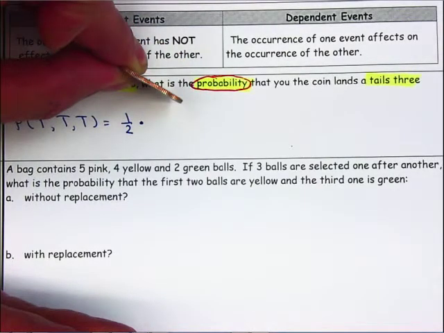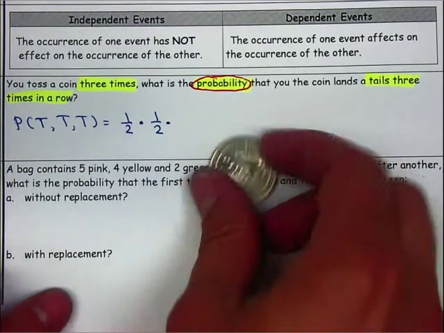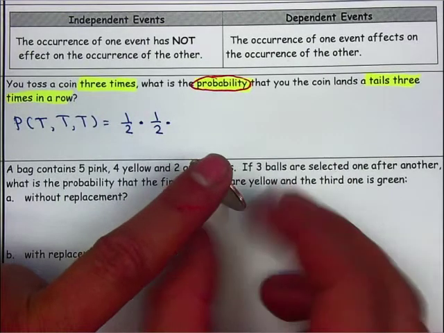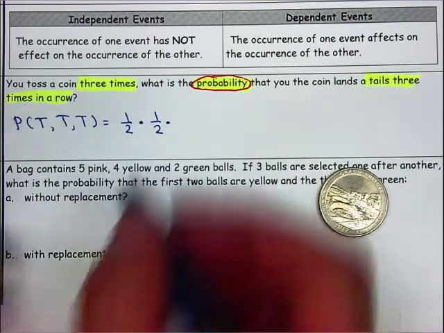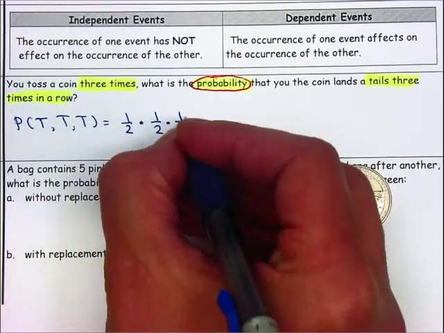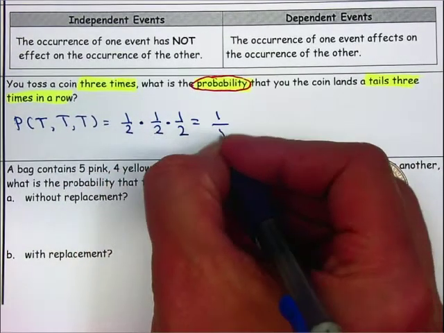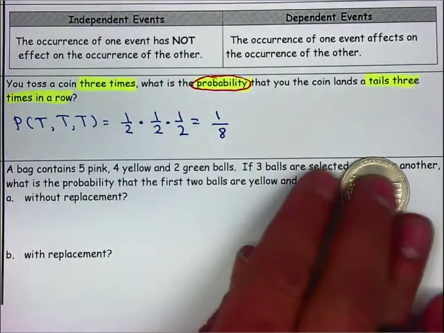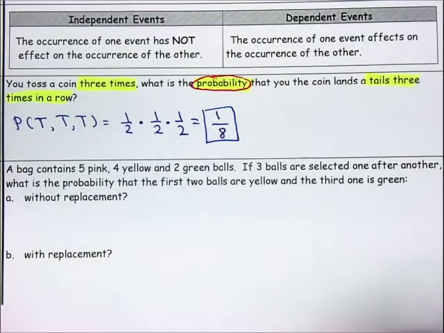It's going to be 1 over 2. And what's the probability that it's going to land on tails again? It will be 50% again, so 1/2. And we multiply across. 1 times 1 times 1 is 1. 2 times 2 times 2 will be 8. So the probability that it lands on tails 3 times will be 1 over 8.